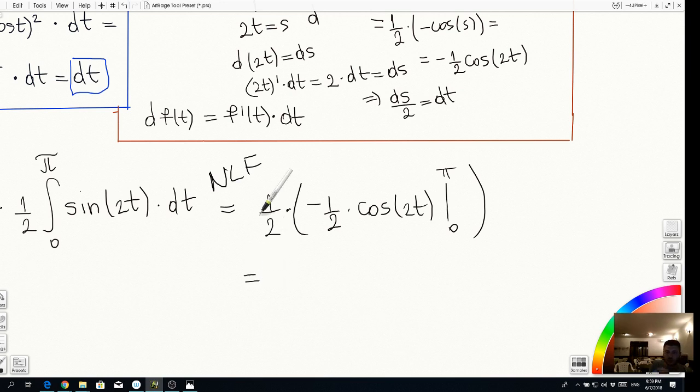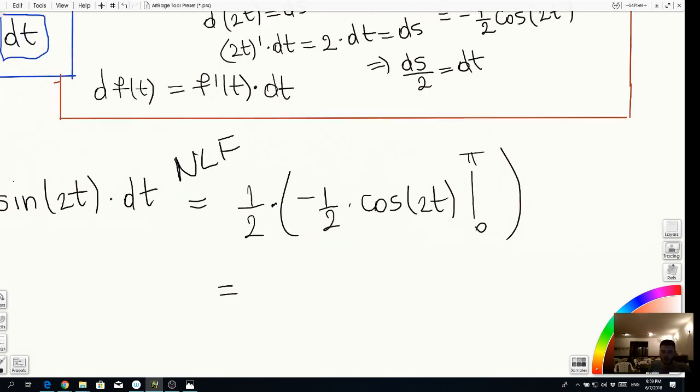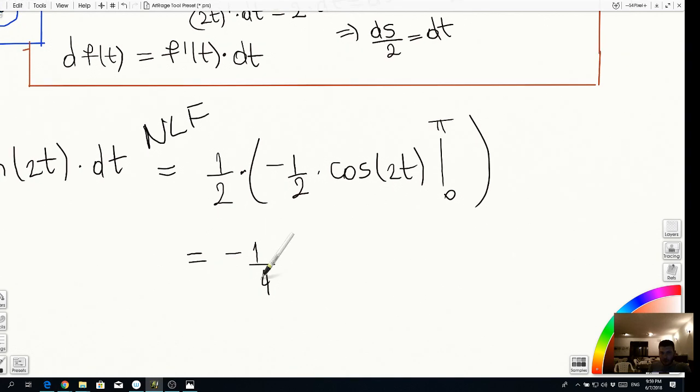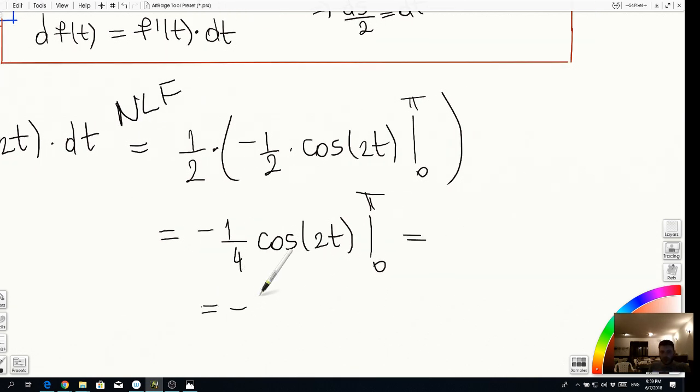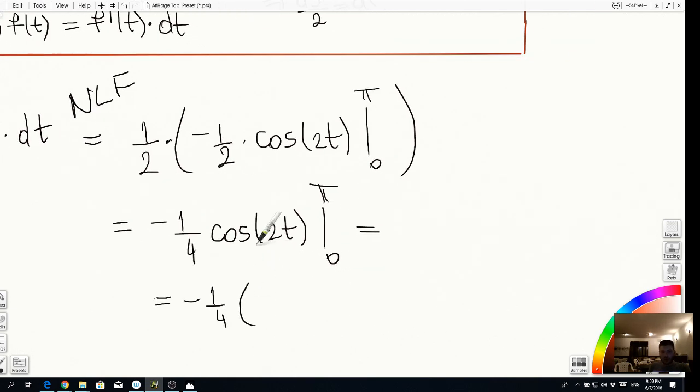That is equal to minus 1/4 cosine 2t from 0 to pi, and that is equal to minus 1/4. Let's just plug in pi: cosine 2 pi minus cosine 2 times 0, which is 0.